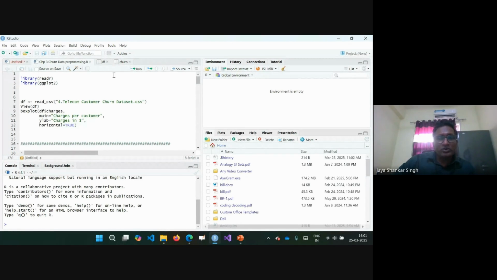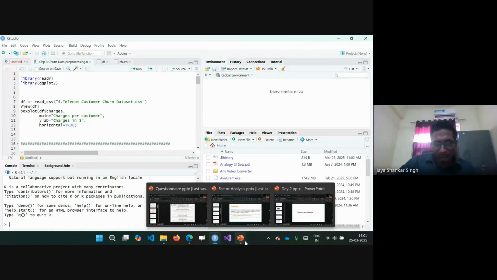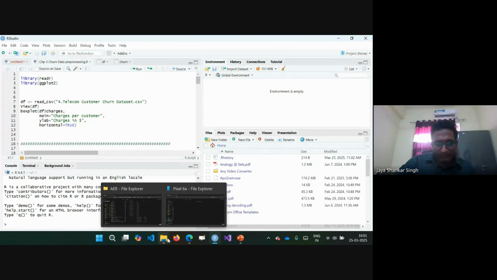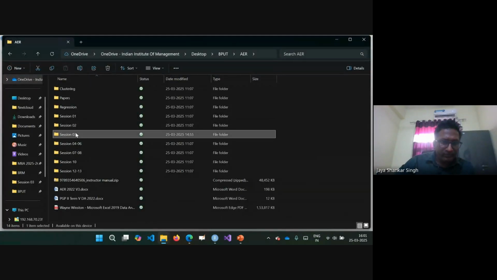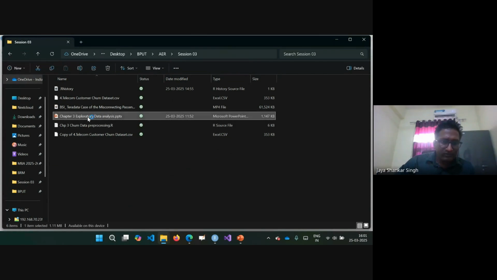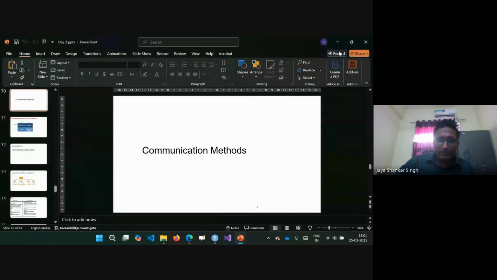This is how the R Studio looks like. You have four windows here. Now, anyone can tell me which is the heart of this particular R Studio?